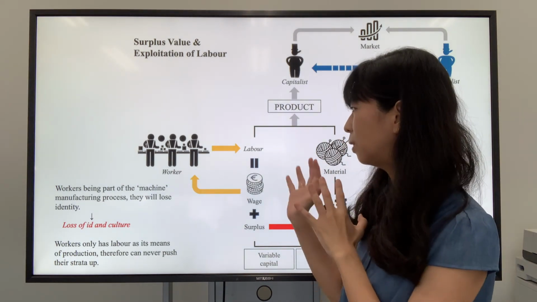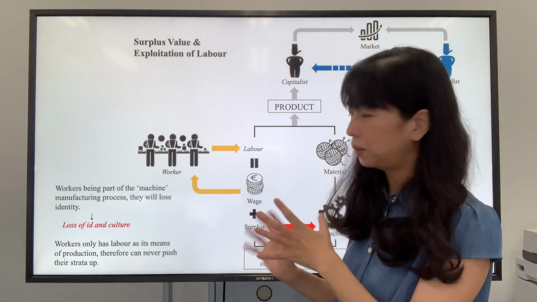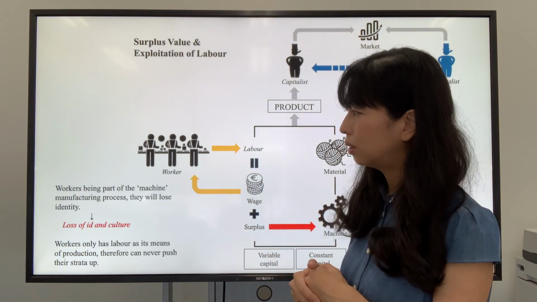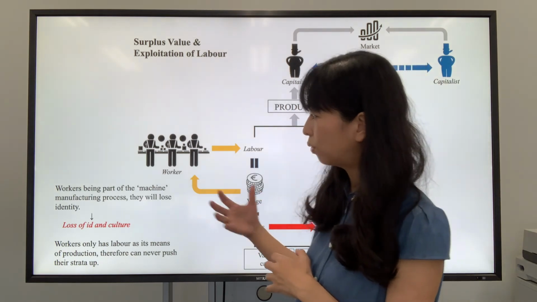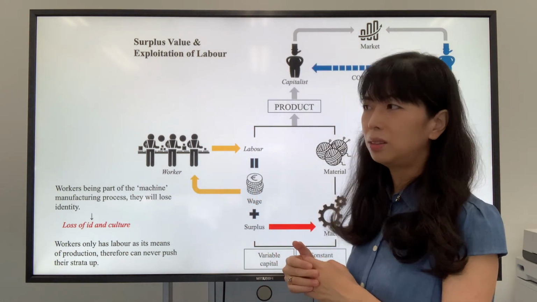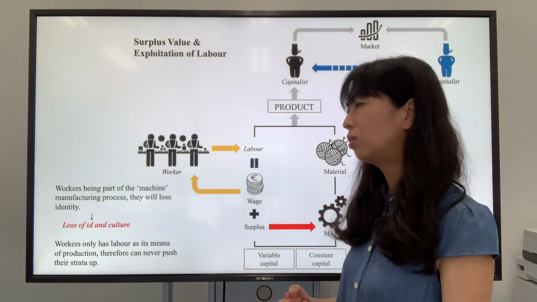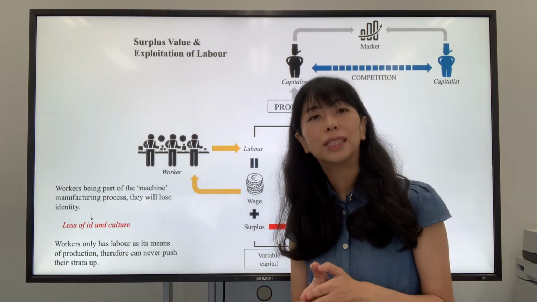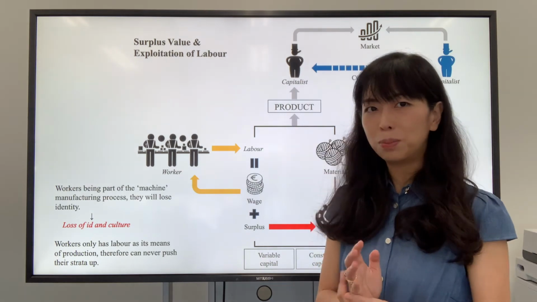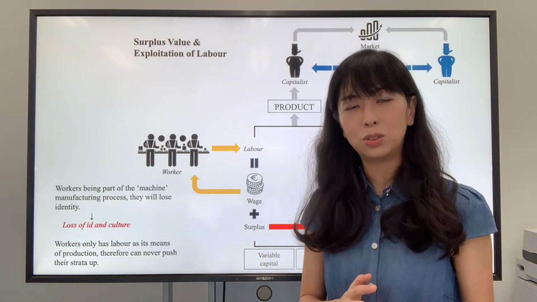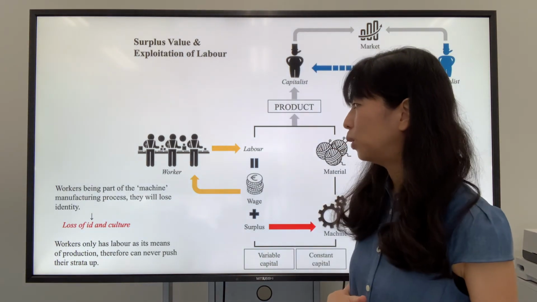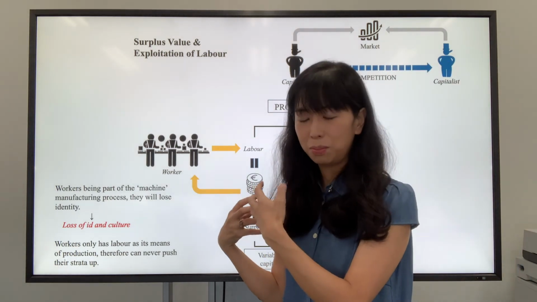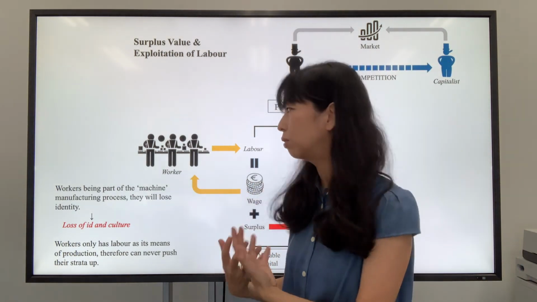So this is the dark side of capitalism, and this loss of identity was quite critical during the period of the Industrial Revolution in the 19th century. If you see a lot of the images from those periods, you understand that people were really being treated like a machine, part of the machine.